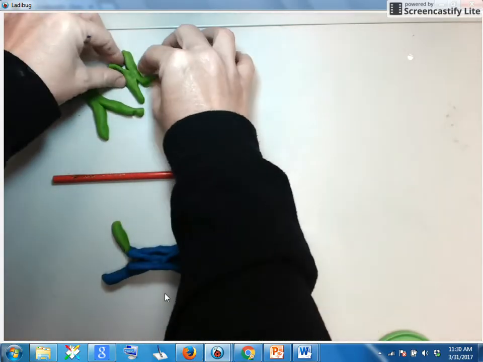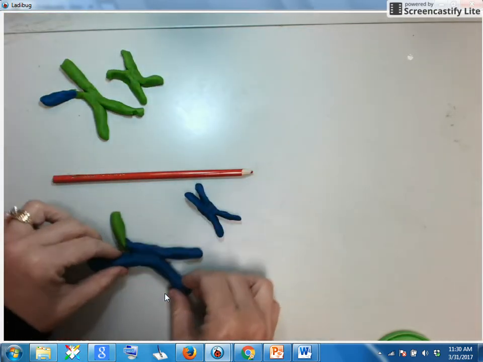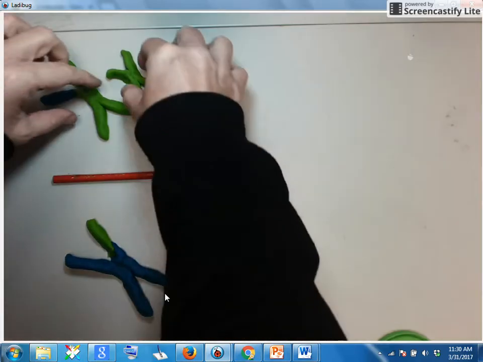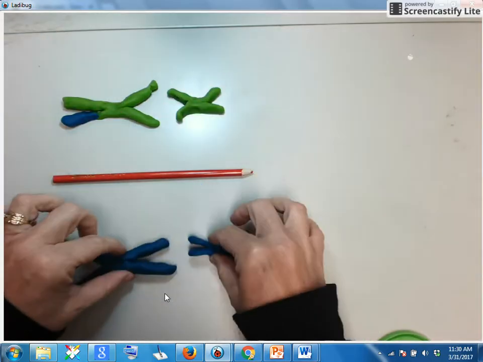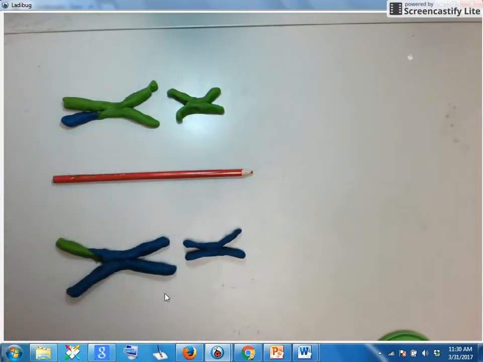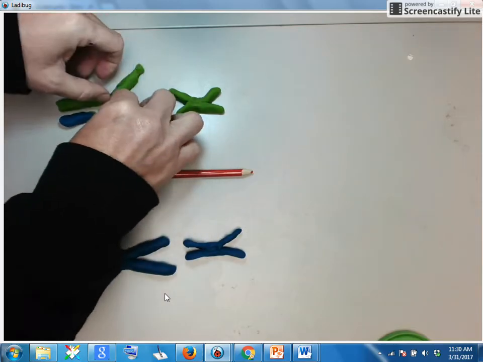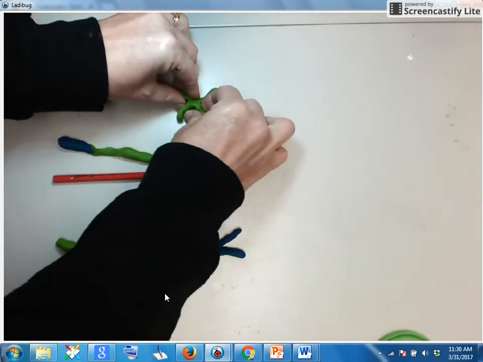All right, so now we're ready to do meiosis 2, starting with prophase 2. Prophase 2, my chromosomes coil back up. My sister chromatids are all together. Metaphase 2, these guys would line up at the equator. Anaphase 2, these chromosomes split apart.